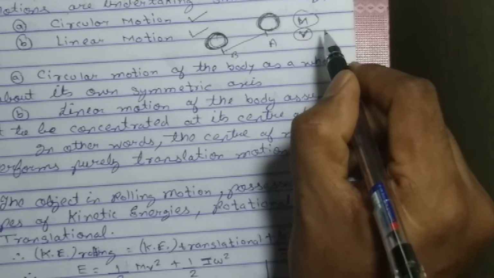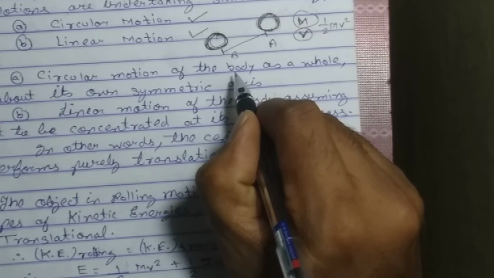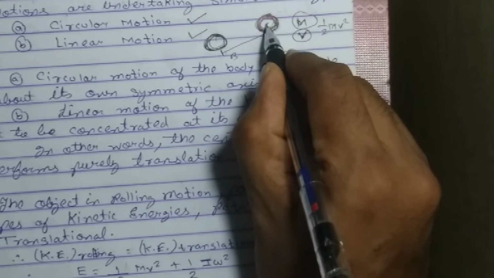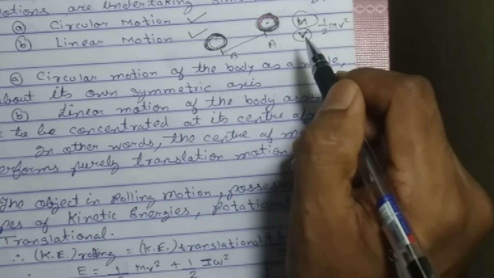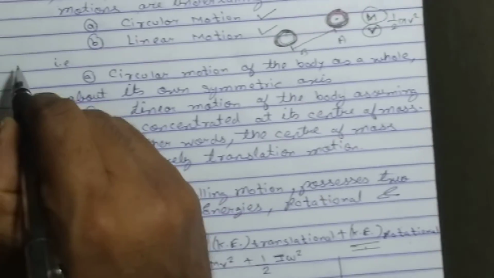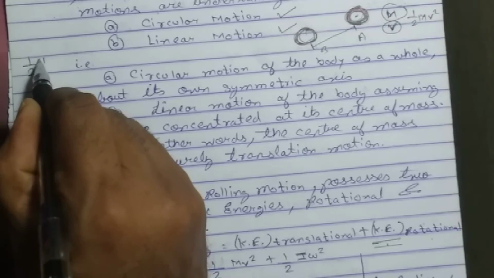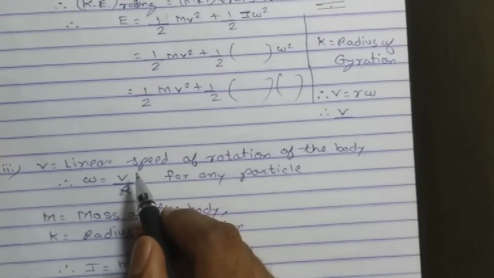Students, when a body is rotating about its own axis, then we derive the formula for kinetic energy, that is rotational kinetic energy. The rotational kinetic energy formula is, as I told you, half I omega square. So students, here I have written the formula.